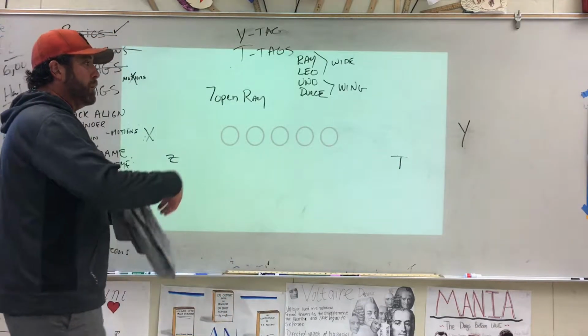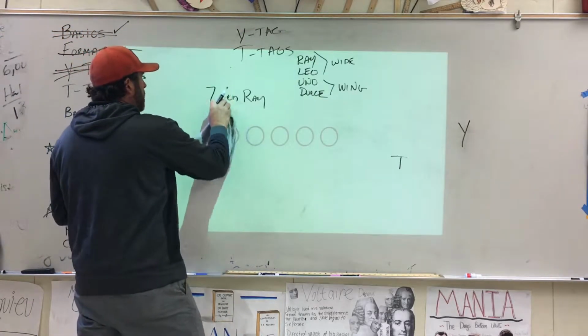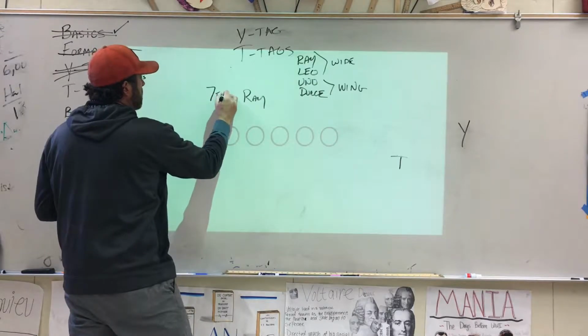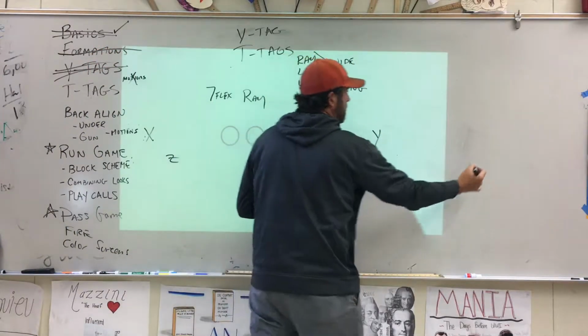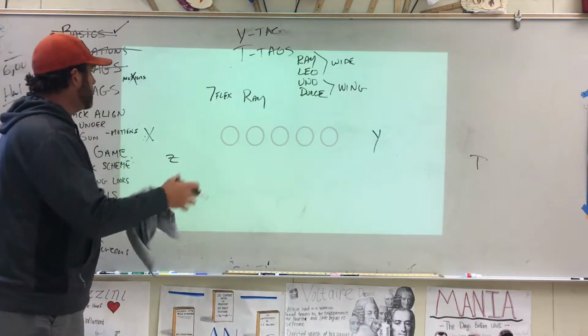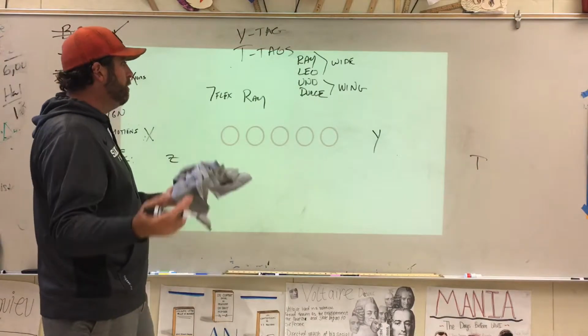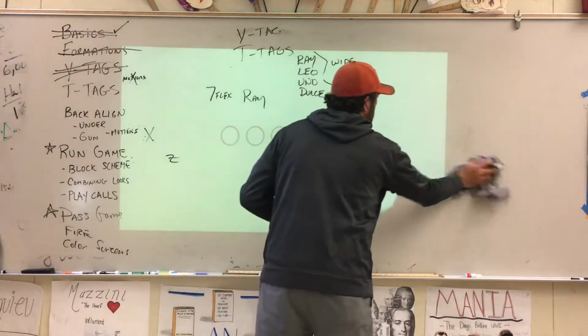Let's say for some reason we want to get the T outside, but still looking spread. Well, let's go 7 flex. Now, he's only going to be flexed, so he's going to take the role of the outside guy. All right? 7 flex Leo, 7 flex Ray, 4 flex Leo. So there's a lot of different ways we can get them into spread, okay?